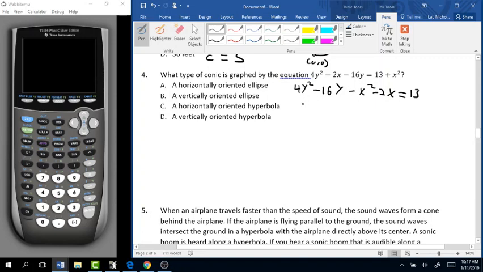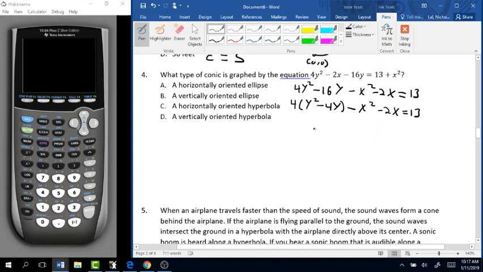My next step is to factor out the 4, because in order to complete the square, I need to factor out a 4. So I'll have 4 times (y squared minus 4y) minus x squared minus 2x equals 13.